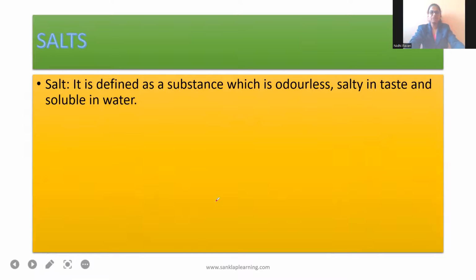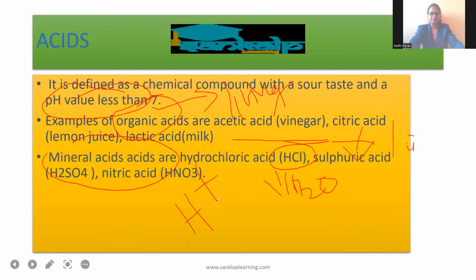So strong acids are, as I said, acids that give H plus ions in aqueous solution. The acids which give more H plus ions are called strong acids. The acids which give fewer hydrogen ions, for example, if you take 100 ml of citric acid or acetic acid, you will get around 5 to 10 ml of H plus ions.